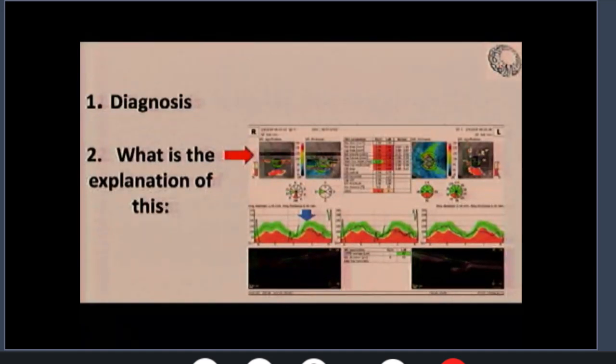And what is this? How many of you say an artifact? Okay. That could be related to blinking. The reason why I'm putting a lot of these problems with OCT is because this is very common. So these are OCTs that are not reliable. If you see here, they are very low.